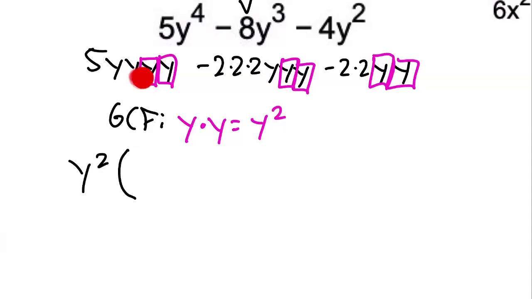When I factor out y squared from this first term, what am I left with? What am I left with when I take out y squared? 5y squared, right? Very good. When I factor out y squared from the second term, what am I left with? Very good. Negative 8y.